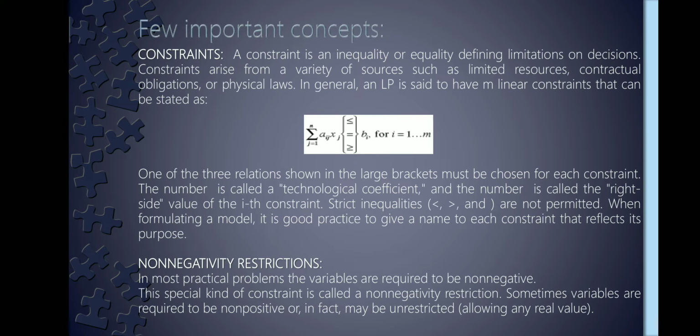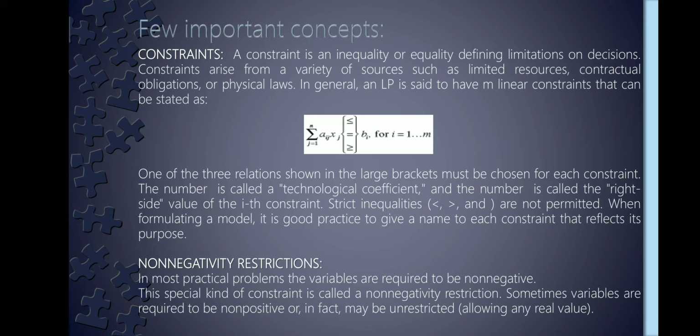Then constraints. A constraint is an inequality or equality defining the limitations on decisions. Constraints arise from a variety of sources such as limited resources, contractual obligations, or physical laws.